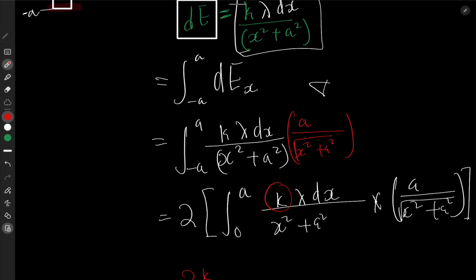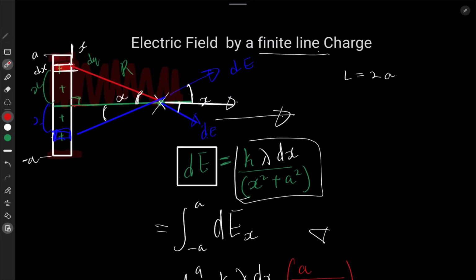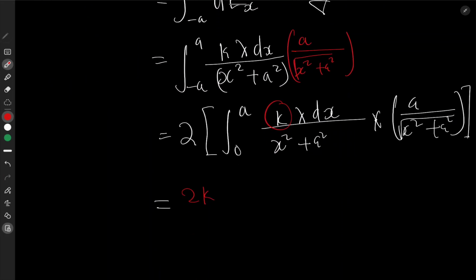Let's look at a. Let's go back here. A was this distance from here to here, right? So as I'm moving from here to here, a is not changing, if you can notice. So if a is not changing, a is also a constant. Let me just put it here. A, k, and then a also goes out. And let's see what I have left.